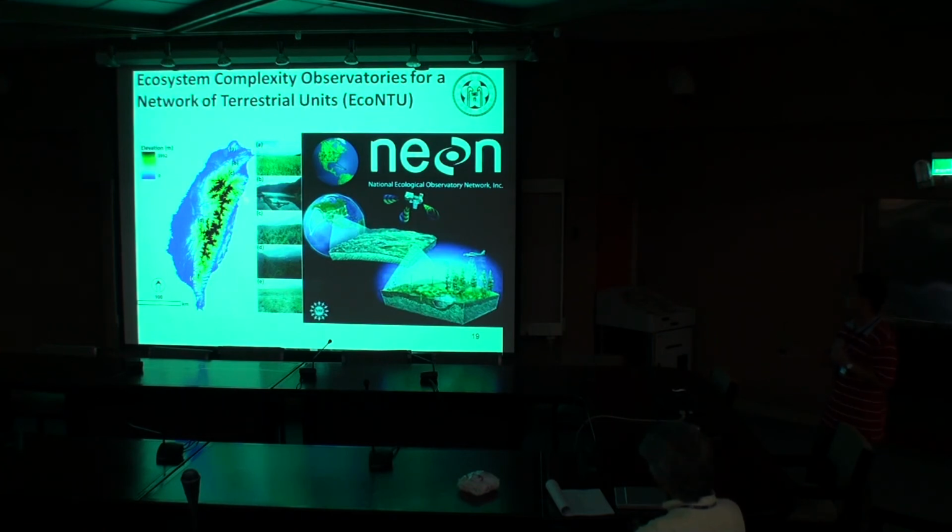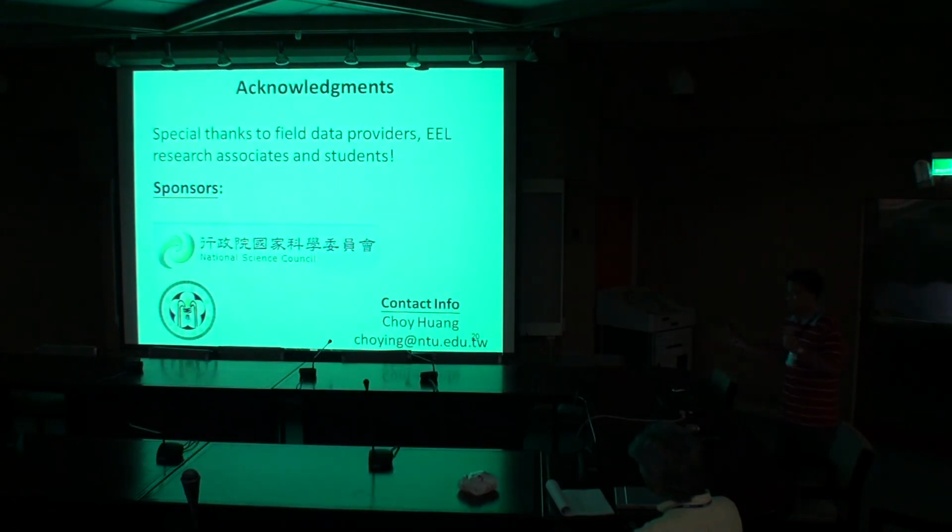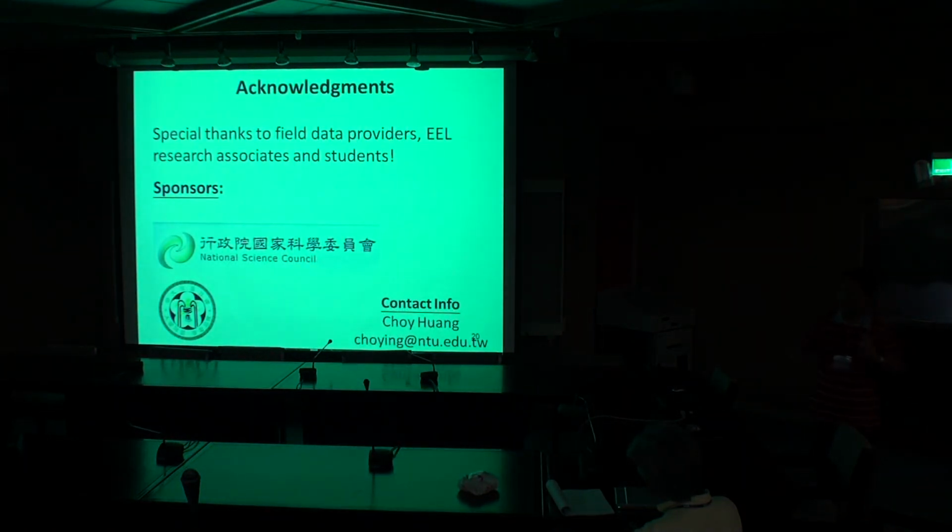So we have 5 areas with flux towers, water quality measurement, nitrogen measurement, and carbon emissions, with hyperspectral data. So we consistently measure data from these 5 sites. This is just the initial project about how to use advanced algorithms to estimate useful information for ecological study. So that's it. Thank you.